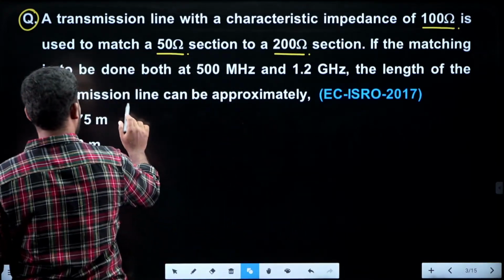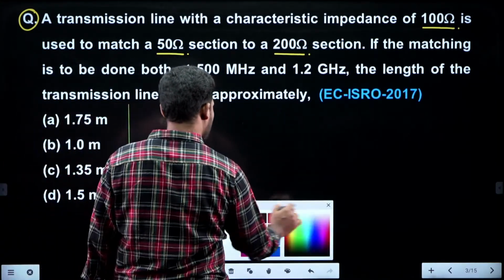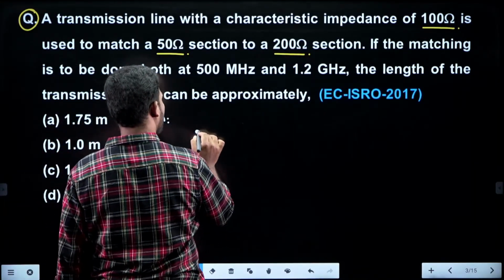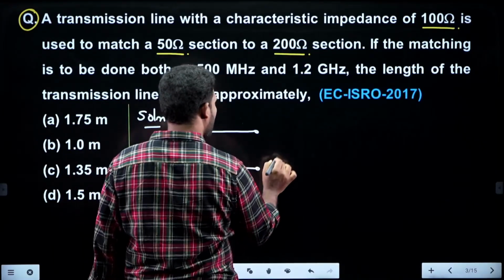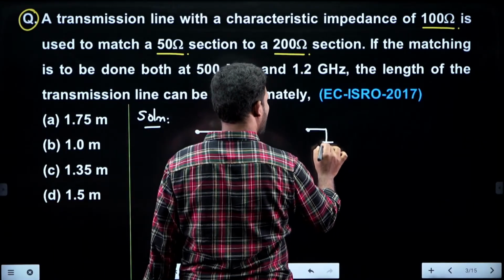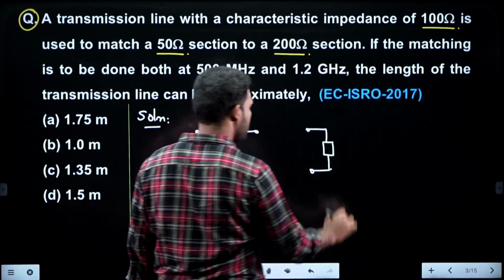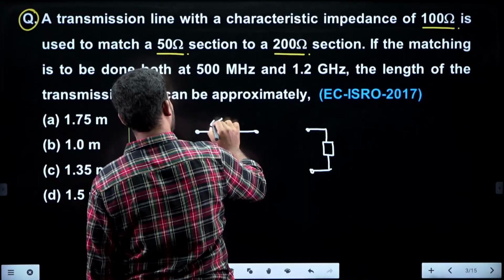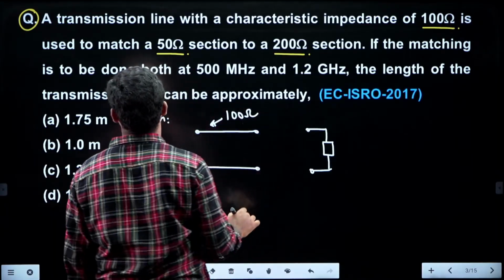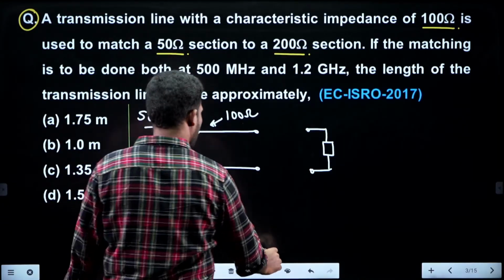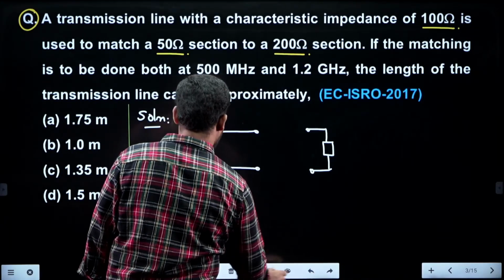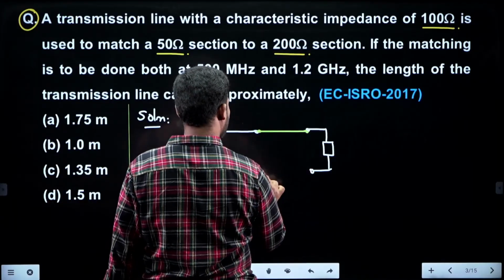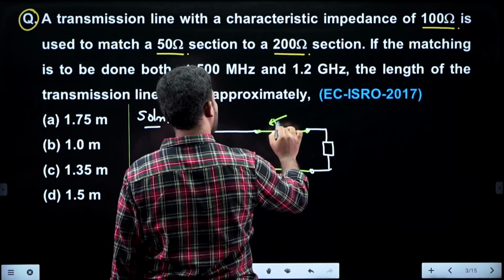Let me elaborate this one. There is a quarter wavelength matching transformer. For the quarter wavelength impedance matching transformer, if you have a transmission line and you want to match it to a load of certain value. Between these two, there is one line whose characteristic impedance is 100 ohms.